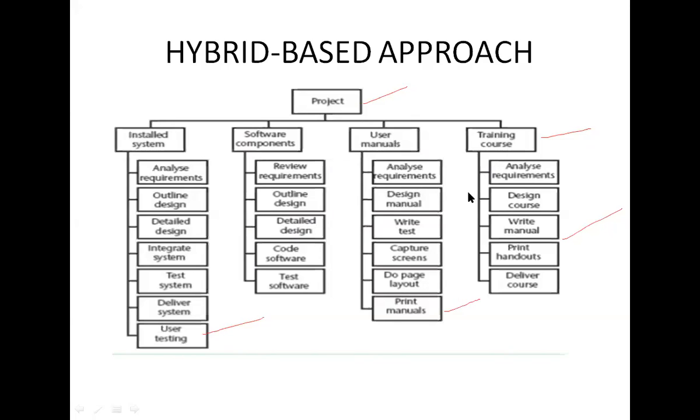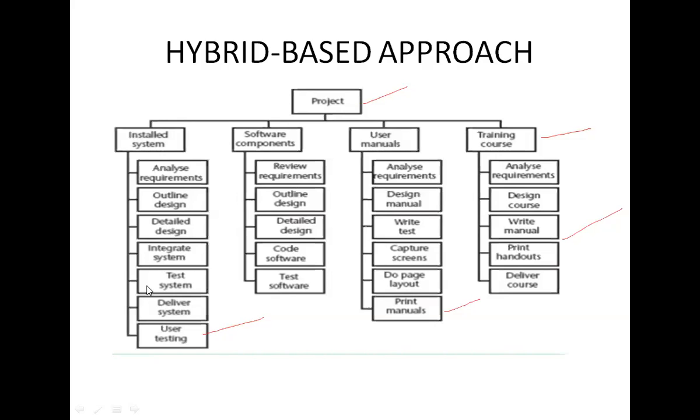Then in level 4, we have work packages, which are the major work items, a collection of related tasks. And level 5 has tasks, which are normally assigned to a single person.